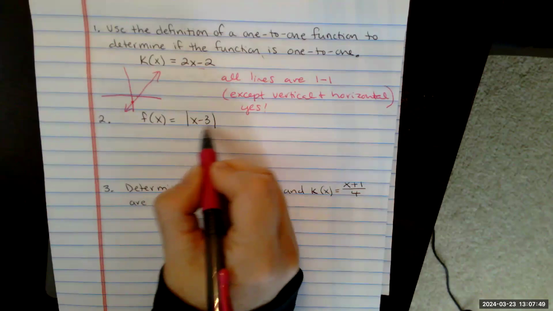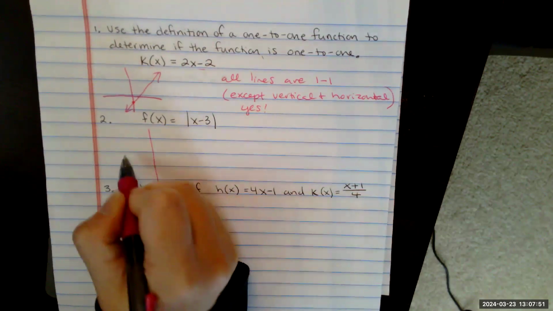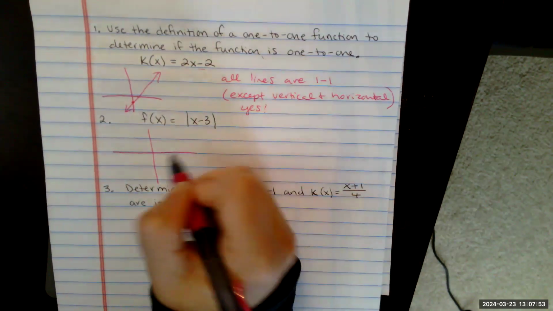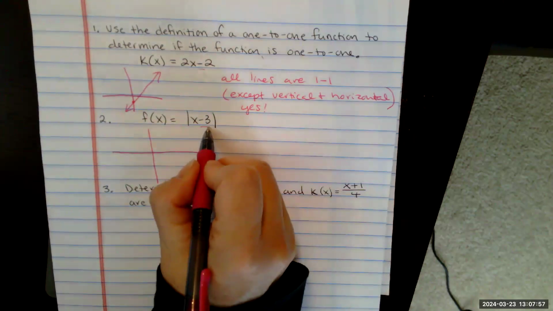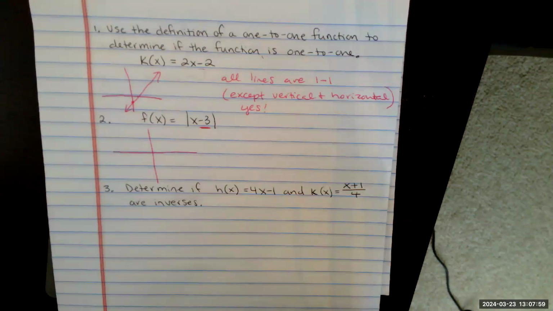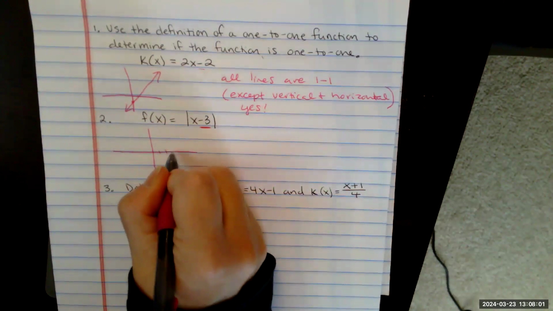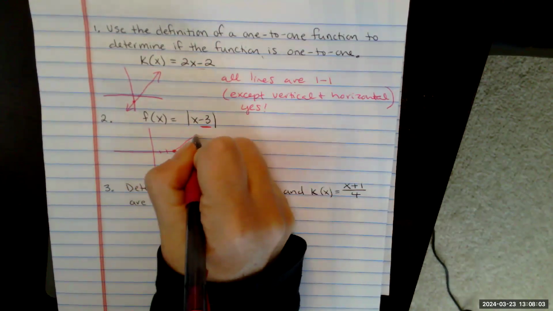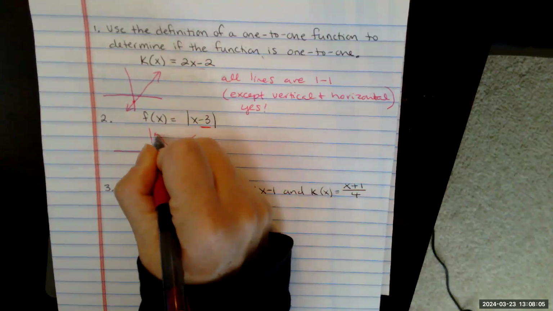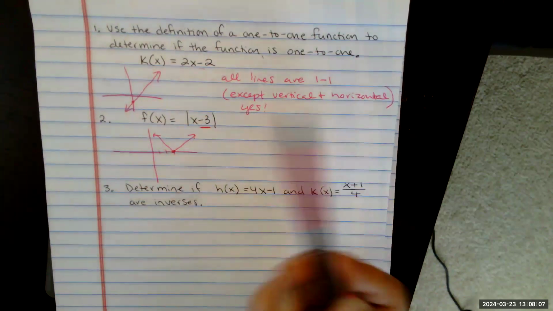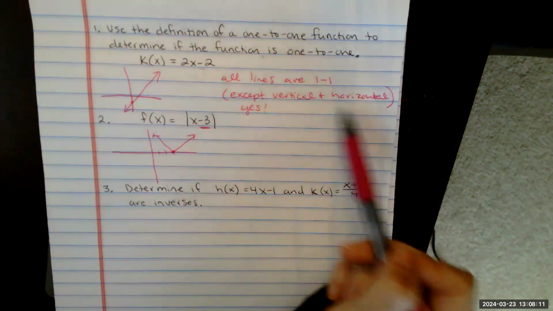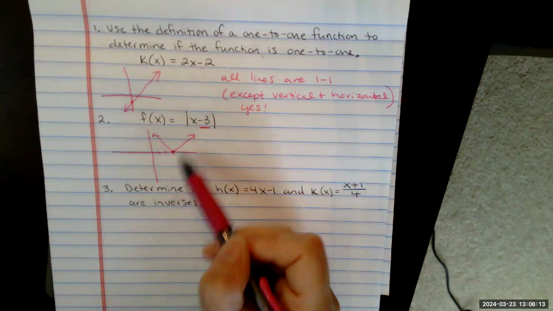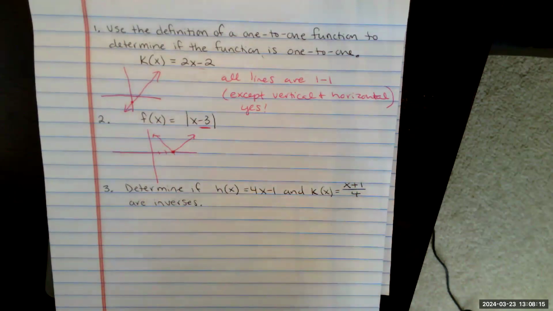Okay, same thing with number 2. I can immediately picture this, and so can you, hopefully, that this is a V because it's an absolute value graph, and it has moved 3 to the right. But it's not super important that you know where exactly these graphs are, as long as you understood that this was a line and it wasn't a vertical or horizontal line. And as long as you know this is a V graph, what's going to happen?